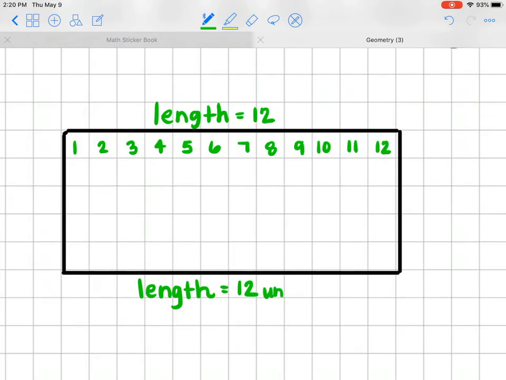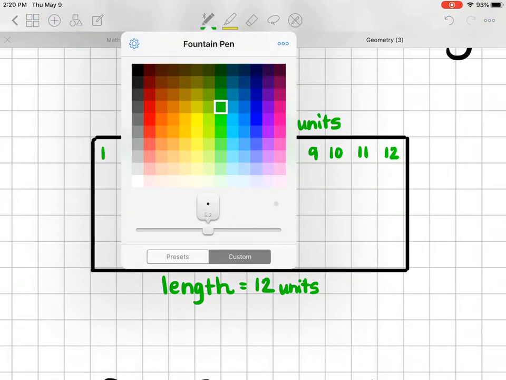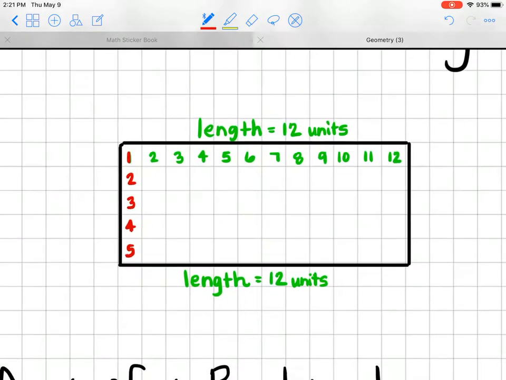12 units long. And it would be nice if the whole world were written on this nice paper, and then we could just count boxes. But unfortunately, it doesn't work that way. Okay, so let's do the width. I'm going to use that 1, 2, 3, 4, 5 on the width.